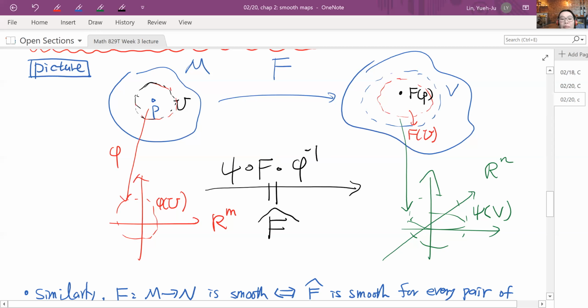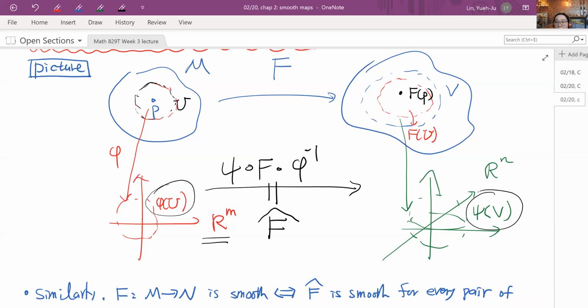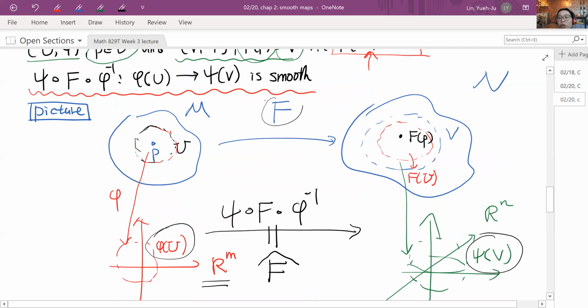You can see that this becomes a map from an open set in R^m to an open set in R^n, from Euclidean space to Euclidean space. So we know what it means to have a smooth map here. This is exactly the definition. If you're talking about a map between two manifolds, what does it mean to be smooth? It means that your coordinate representation F hat is smooth between the two Euclidean spaces that we know of.